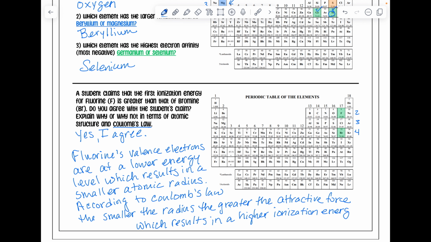Or you could even say first ionization energy. So there's many ways you could say this, but this is just one example of how you could agree with this statement using Coulomb's law.